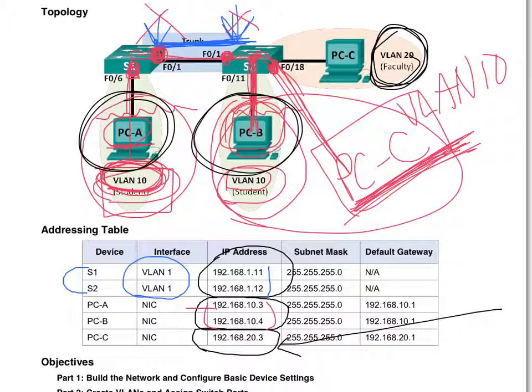So, the only value in these two addresses in the switches is to do what? Remote management. And the only way you could remote manage this is if you have a workstation on what network?